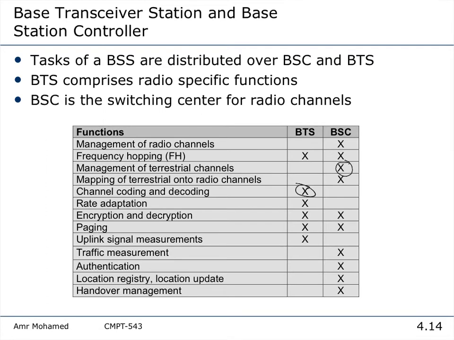So that's why I said that you can think of the VLR as a cached version of the information in the HLR, along with some extra information that gets generated temporarily while you are in this location area. And then when you move to another location area, this information gets regenerated in another VLR and so on. Okay?